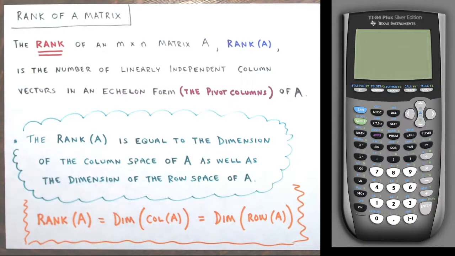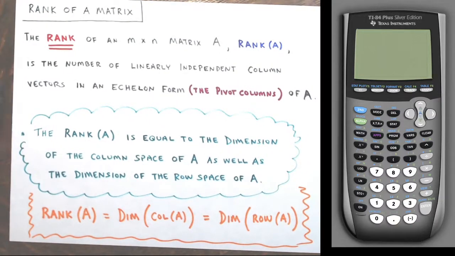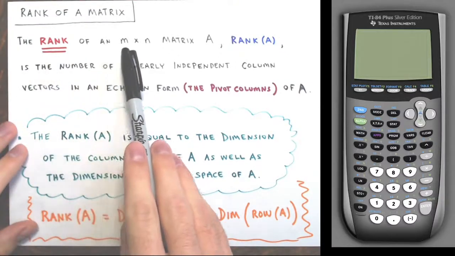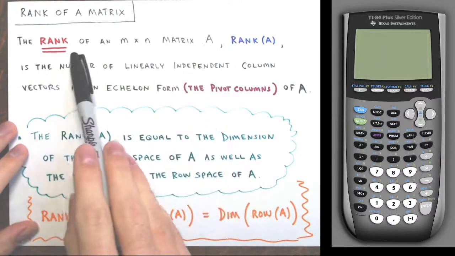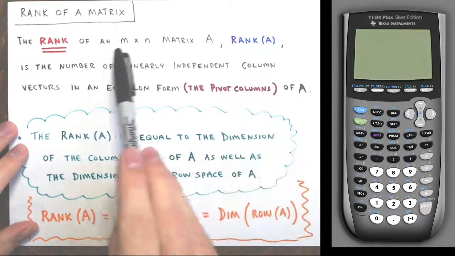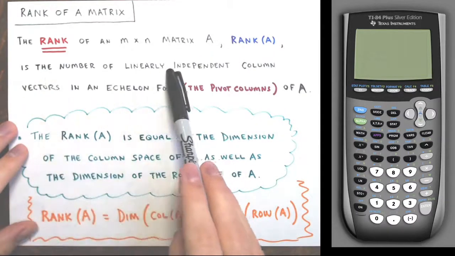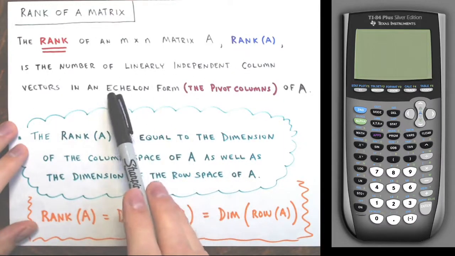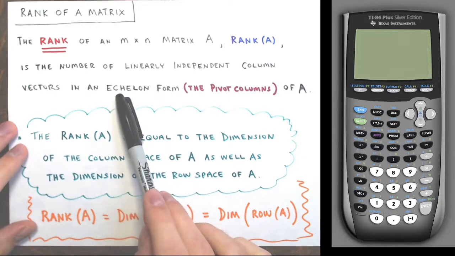So on the first page, I'm just defining the rank of a matrix. I'm really defining it in a couple ways here. The rank of an m by n matrix A, the rank of any matrix A, denoted rank of A, is the number of linearly independent column vectors in an echelon form, whether it be row echelon form or reduced row echelon form.